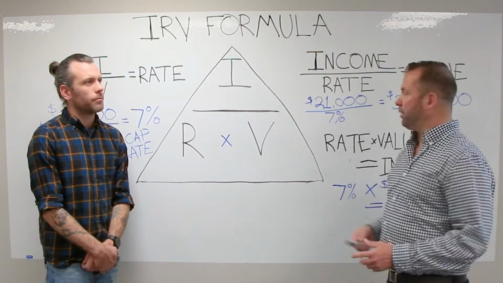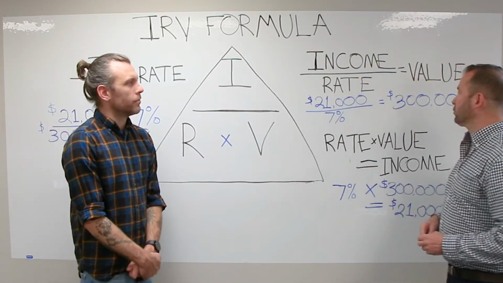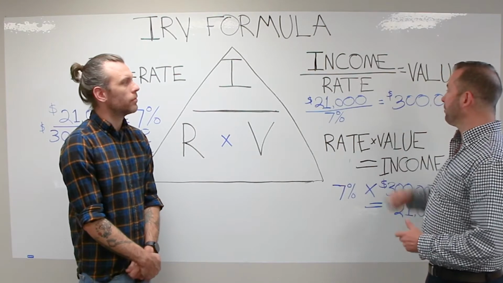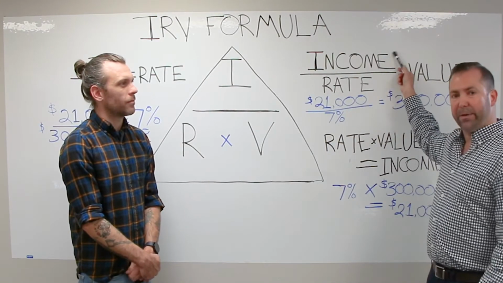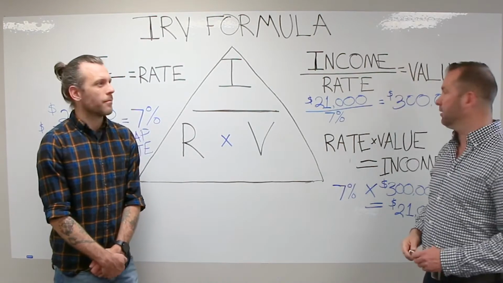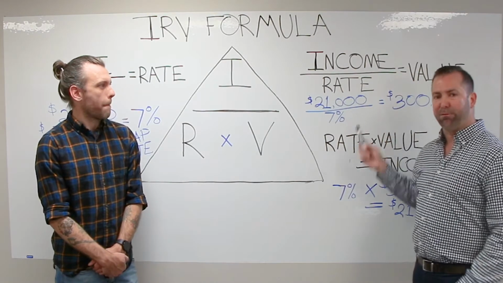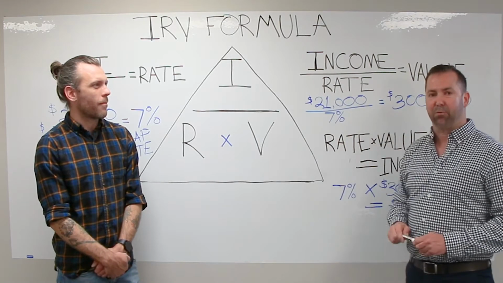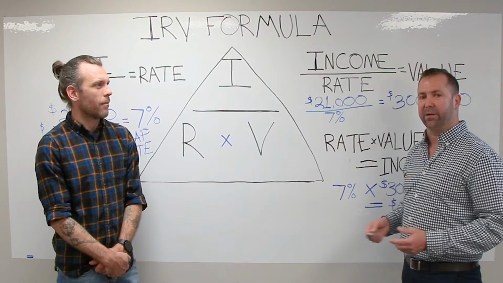Once you know the cap rate, you can figure out a couple of these other formulas as well. If you're trying to figure out the true value of a property, somebody gives you information such as the net operating income, which is your gross income minus your expenses, and they tell you it's performing at a 7% cap rate, you can figure out what the value of that property would be and whether it's the right investment for you.